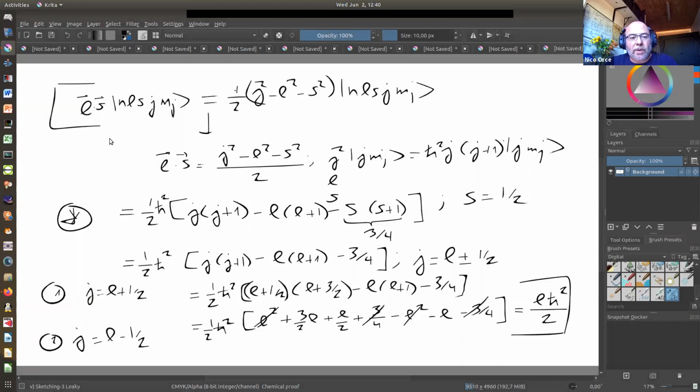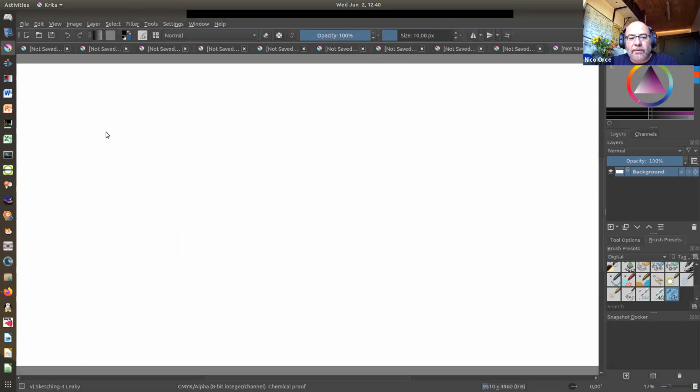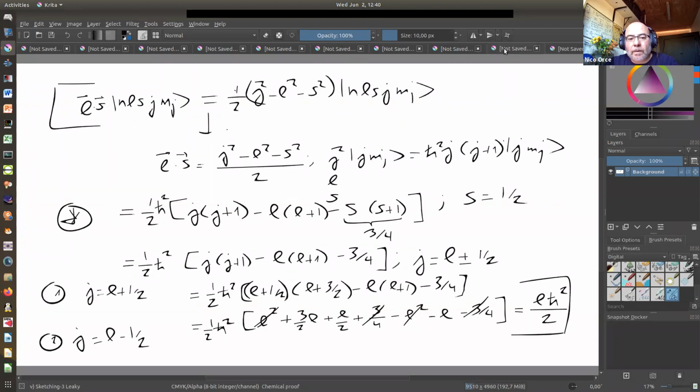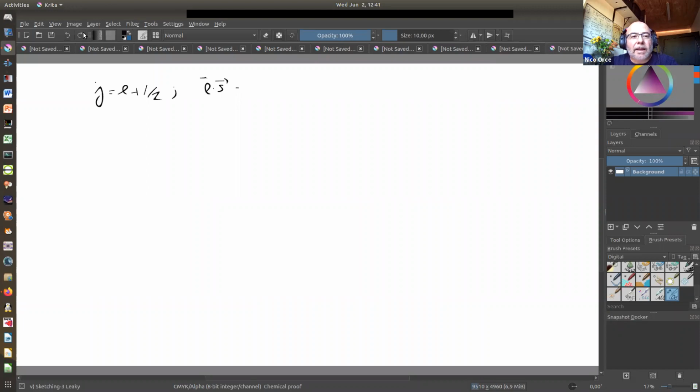So we have j equal l plus 1/2. We have that l·s applied onto, so these are operators that need to be applied onto the state n l s j m_j.